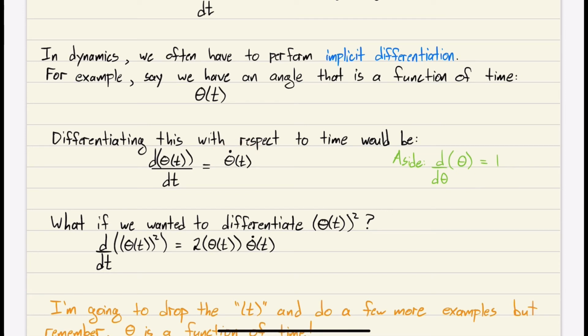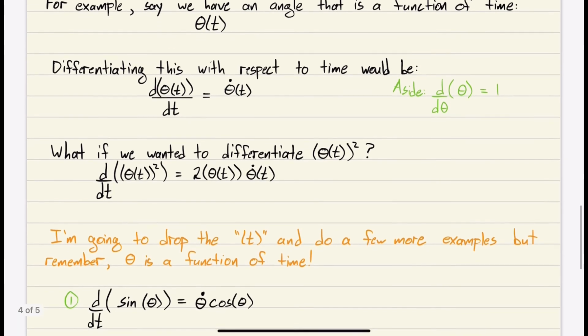This is important because, see this aside over here, if we were taking the derivative with respect to theta, that would just be equal to 1. But because we're taking it with respect to time, and theta is a function of time, this becomes theta dot.